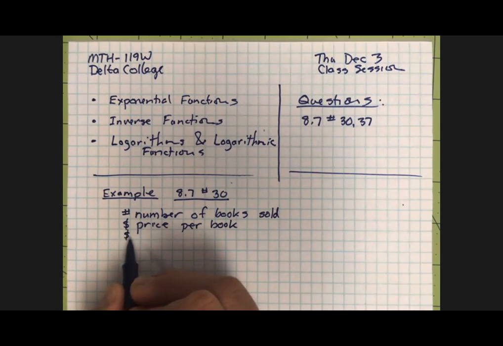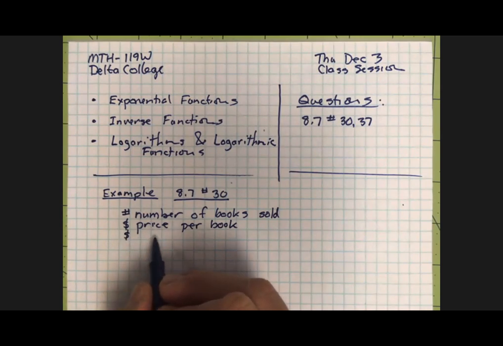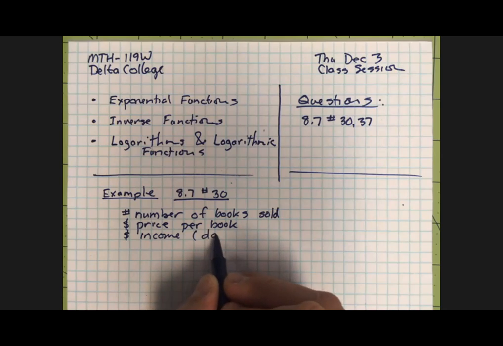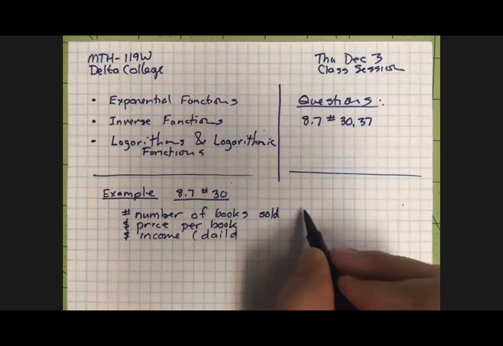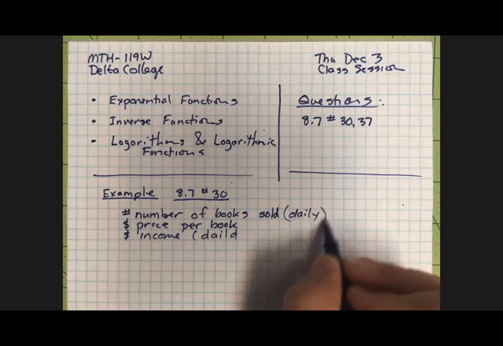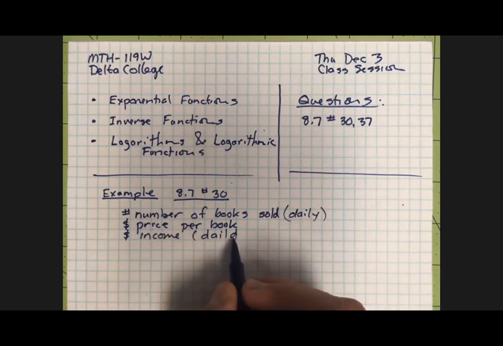And then we have the income. And this income is daily income. Number of books sold daily. Price per book that you set each day. You could change the price, and the income you make daily.